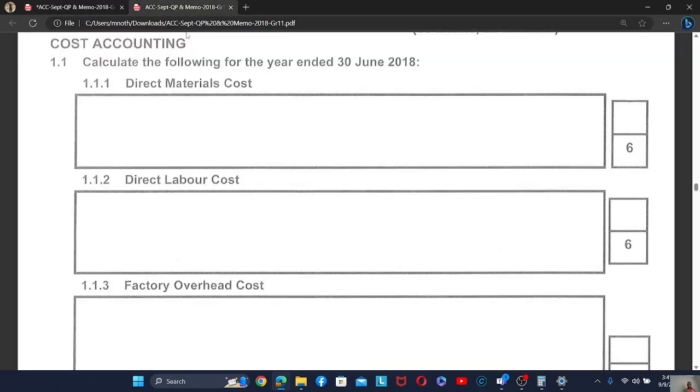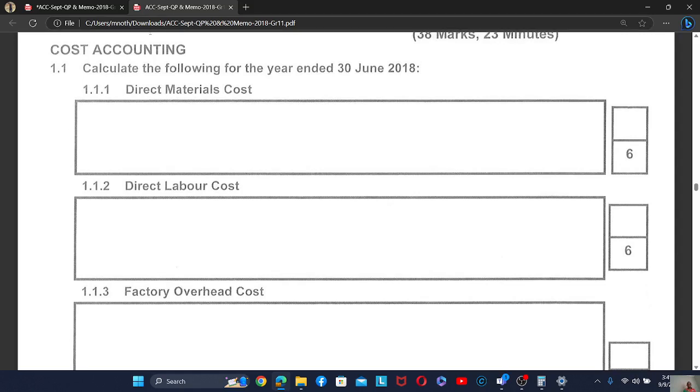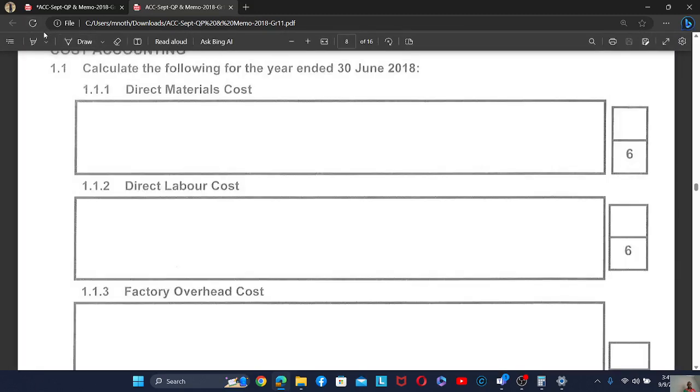So let's come here to the answer book. The raw material at the beginning of the year was 120,300, right?